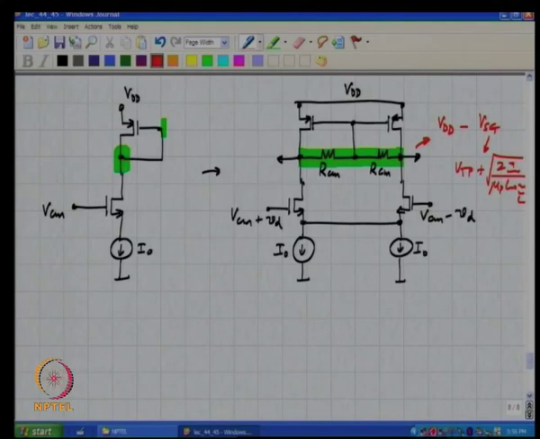There are also other conceivable ways where you do not need to load the outputs with resistors to measure the common mode.